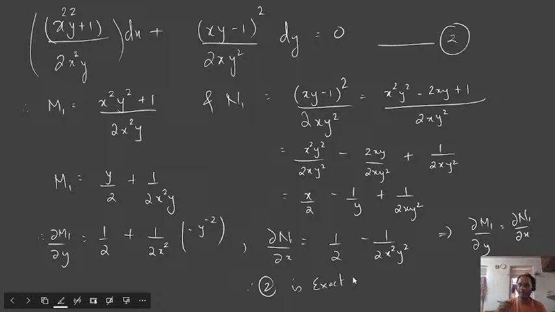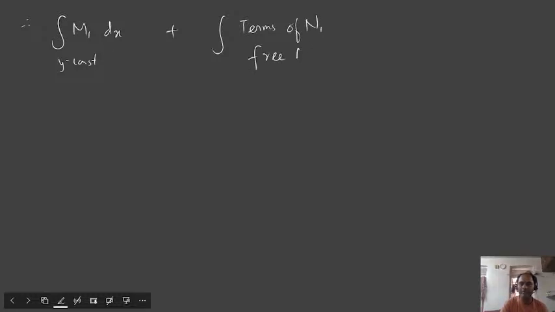Being exact, we are now in a position to write its solution. Therefore integral of m1 dx, y constant, plus integral of the terms of n1 free from x dy equals c. Now what do we do over here?